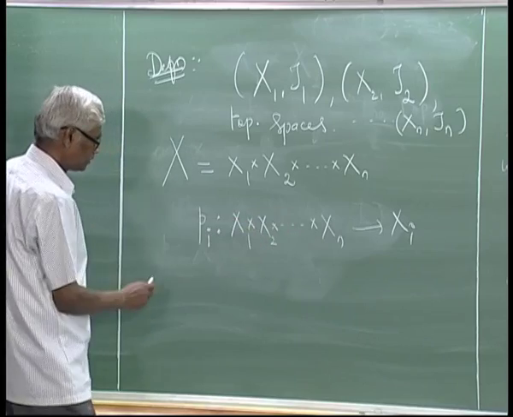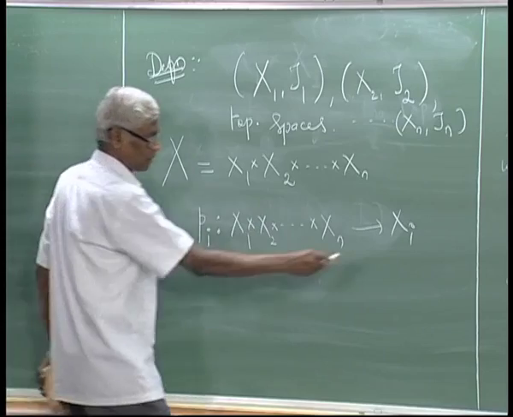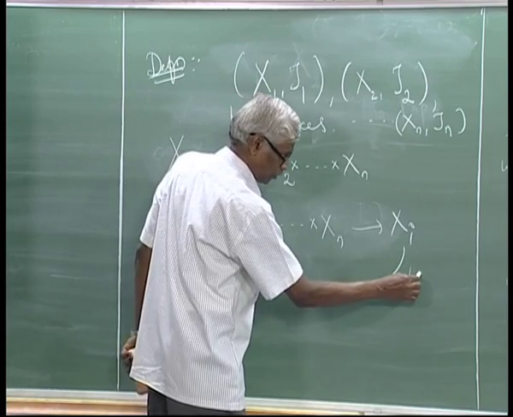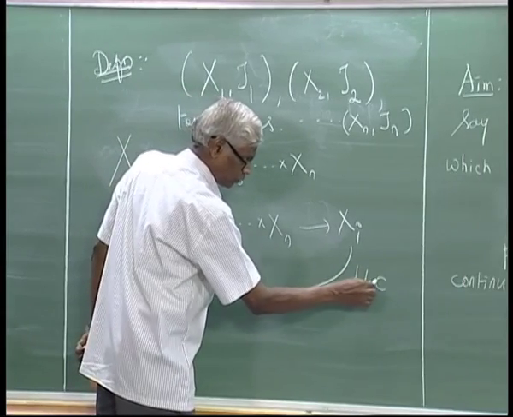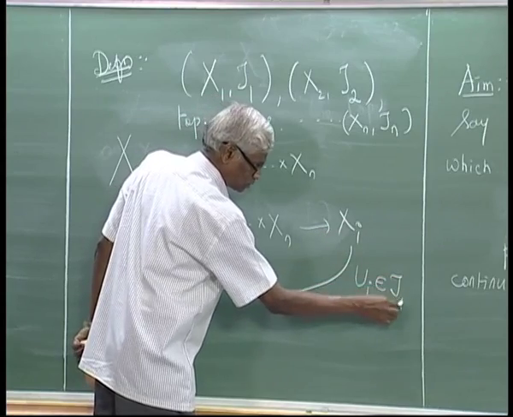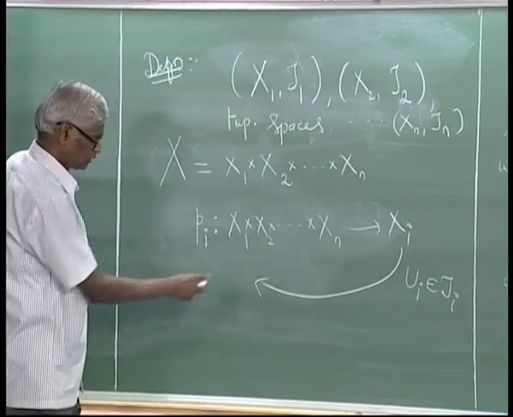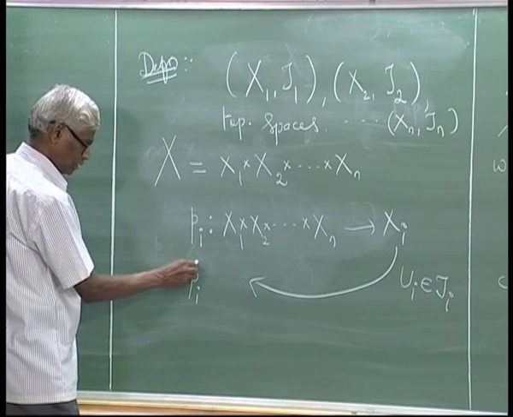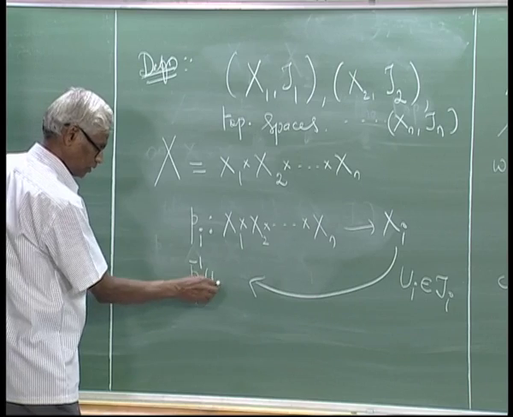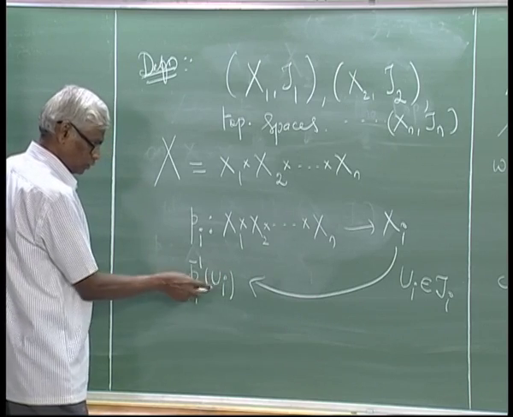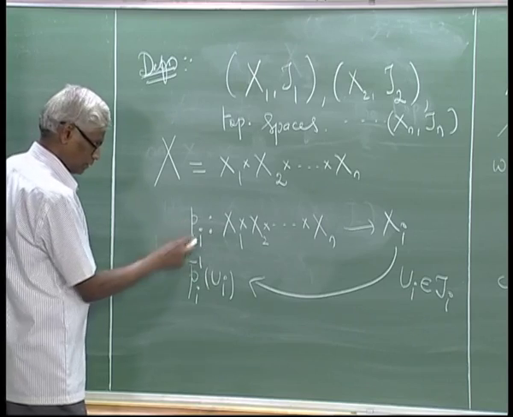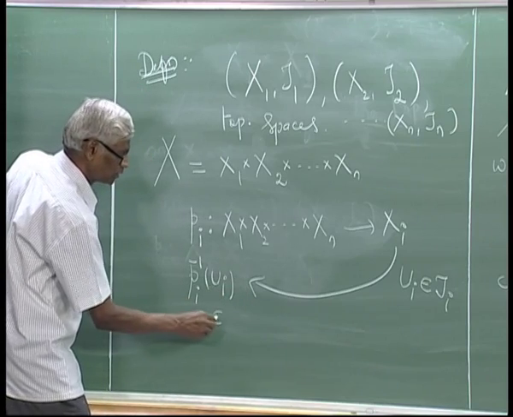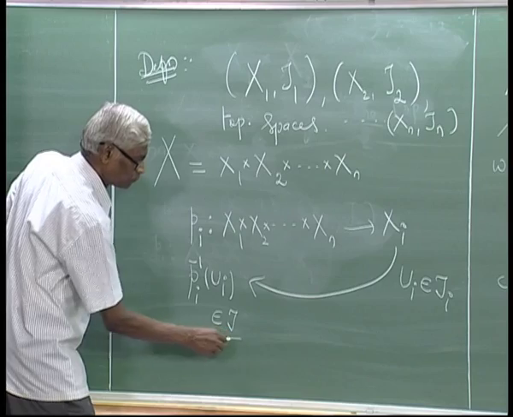That means the inverse image of an open set: if you take Ui an open set here, that means Ui belongs to tau i, then that should imply that the inverse image Pi inverse of Ui should be open in our proposed topology tau, that means this should belong to tau.